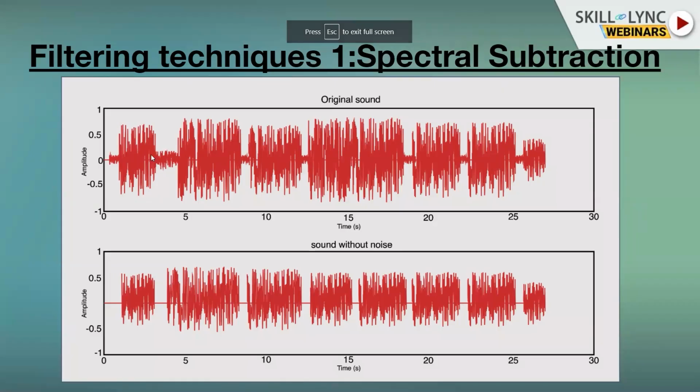So if you observe, this part is the noise part, this part is the signal part that we want. If this is the entire signal of 28 seconds, we'll be cutting the signal from 3 to 4 seconds and from 5 to 8 seconds individually.